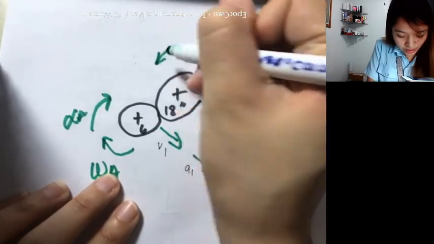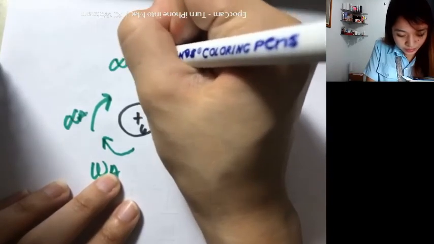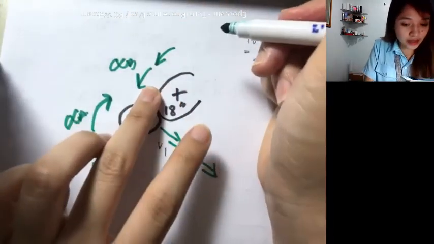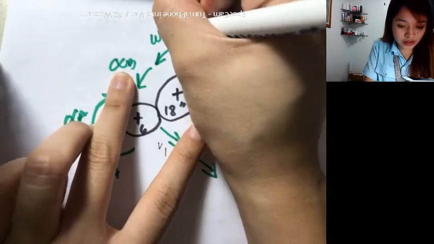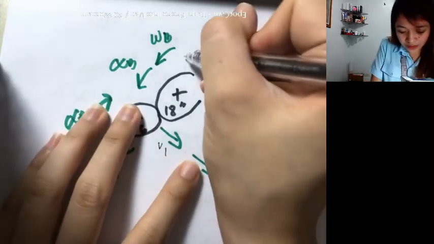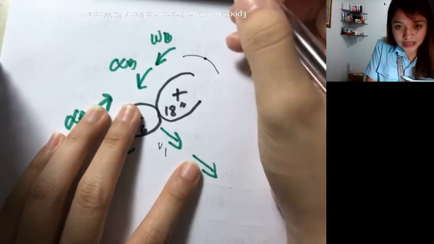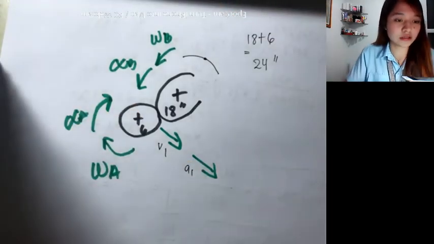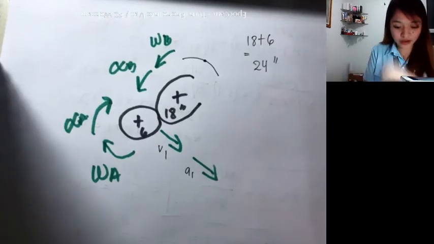As you can see the directions, this is the angular velocity B, and this is the acceleration B. Other than that, this is our point C. I'm just referring to point C graphically.